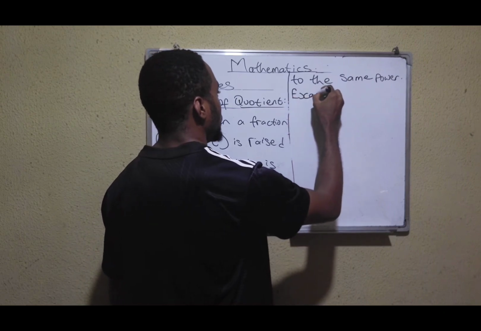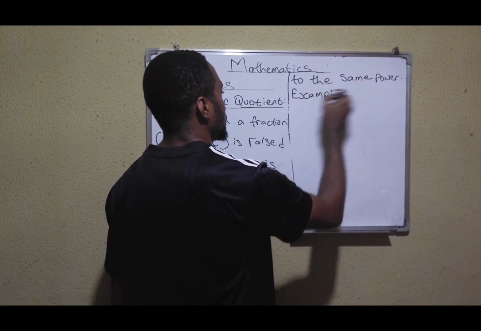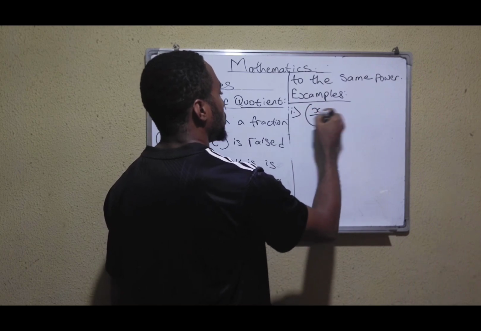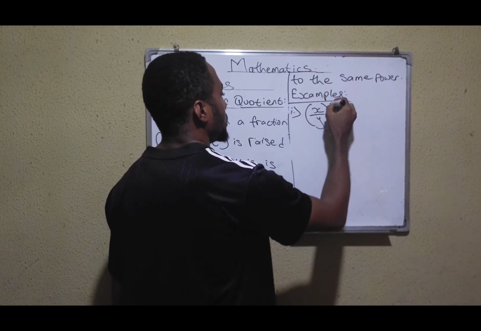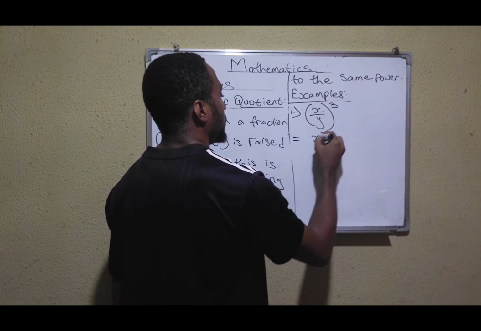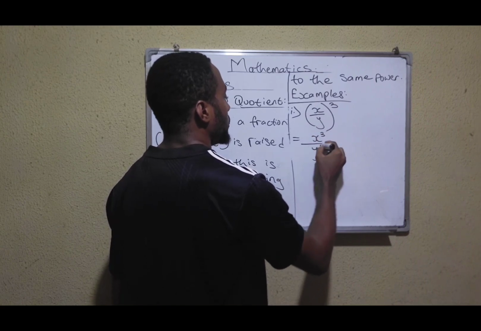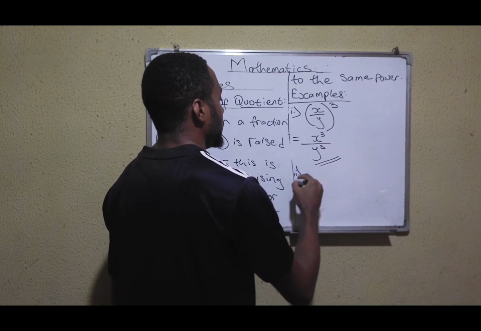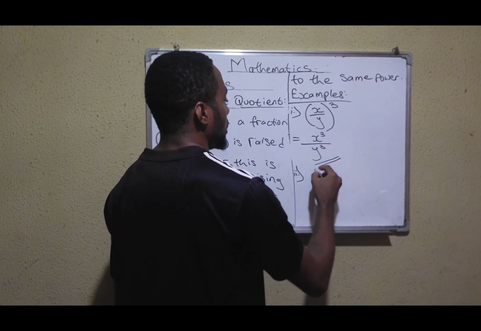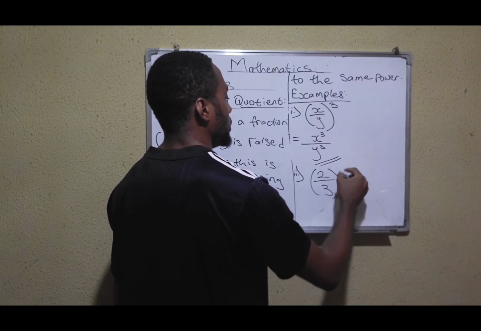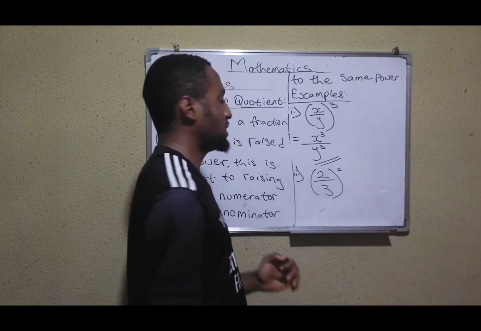Let's look at examples. Example I, if we have x all over y raised to the power of 3, this simply means x raised to the power of 3 all over y raised to the power of 3. And if we have example II, 2 all over 3 raised to the power of 2, what does this mean?